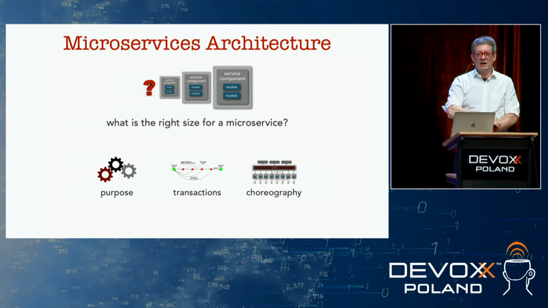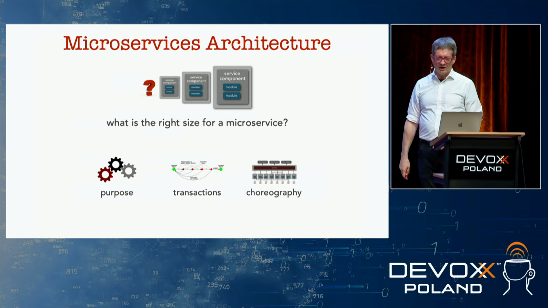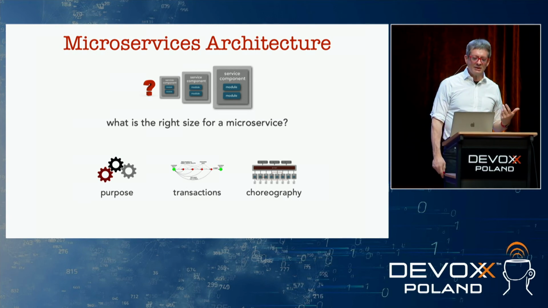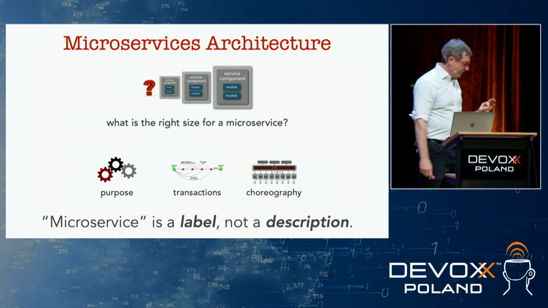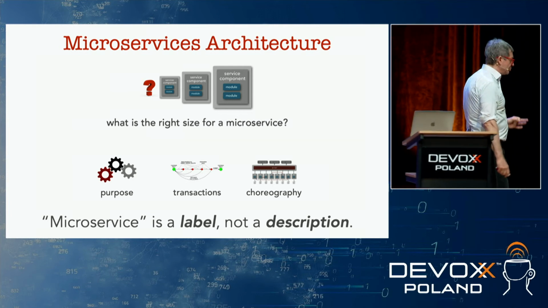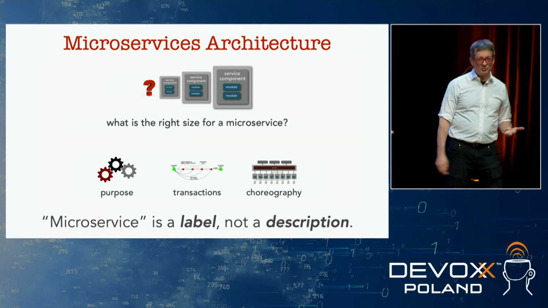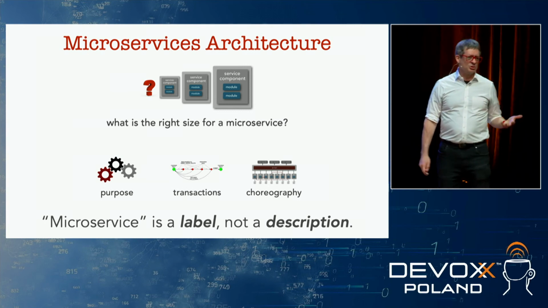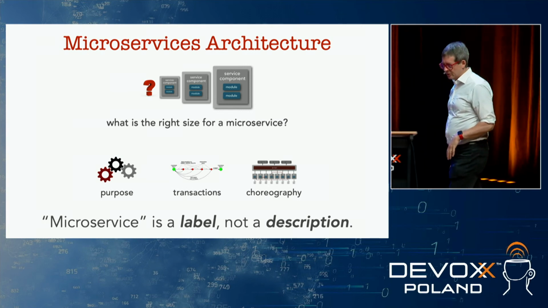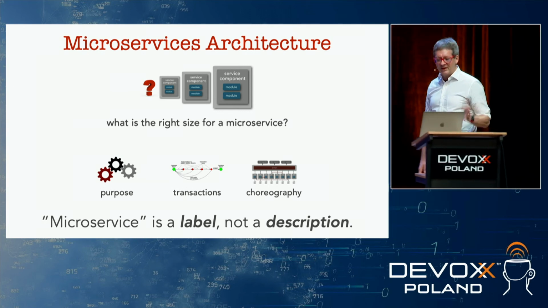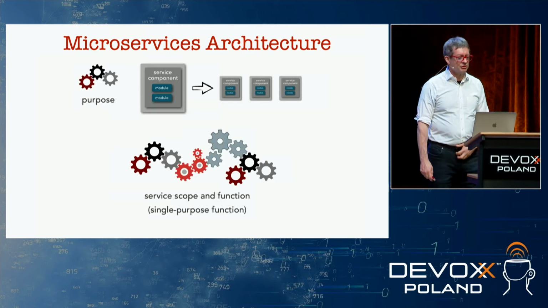And so too much choreography is also a driver for bundling these things back together. But it's important to remember here, the word microservice is a label. It's not a description, and it's not a commandment that you're supposed to make these things arbitrarily small. And so finding that right level is sometimes tricky.